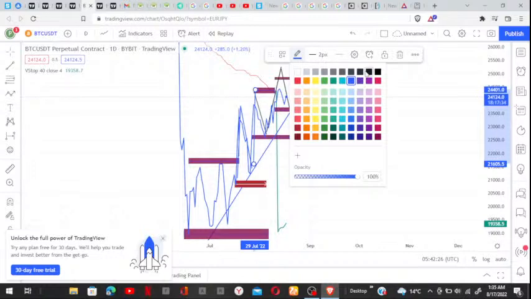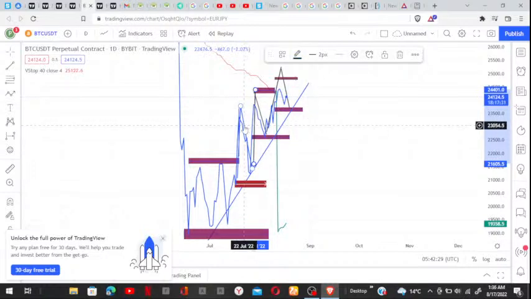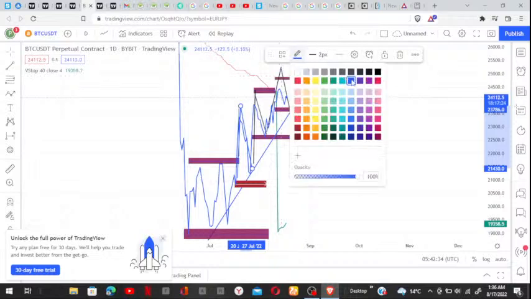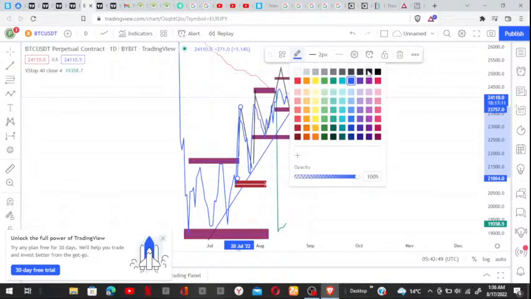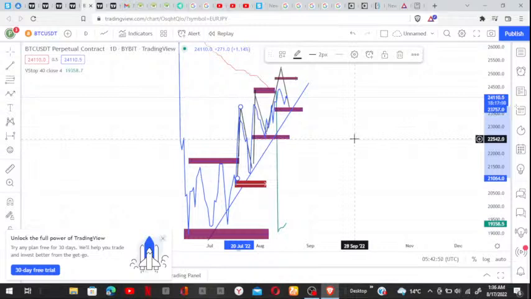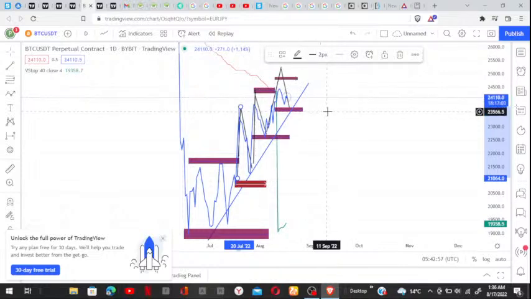Okay, so basically you can see this is some sort of a zigzag, and this might continue for quite some time.